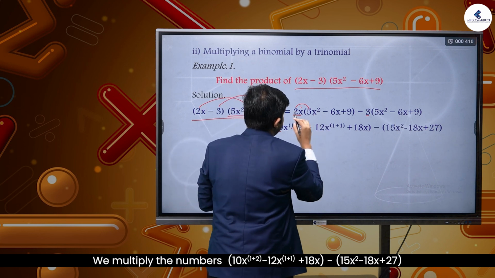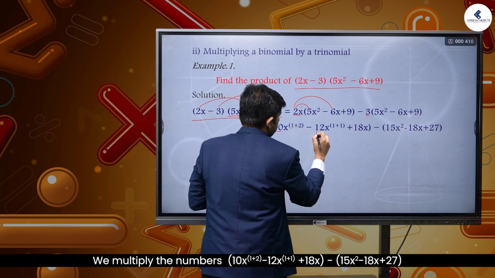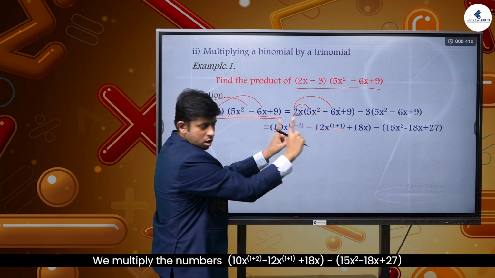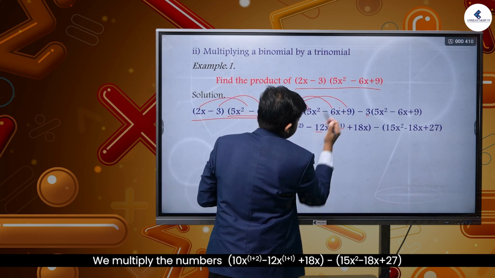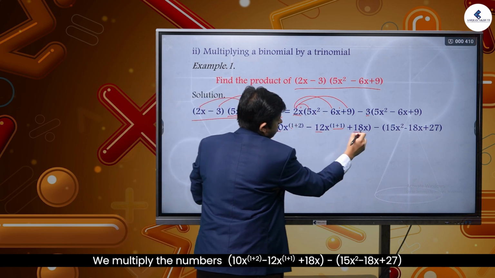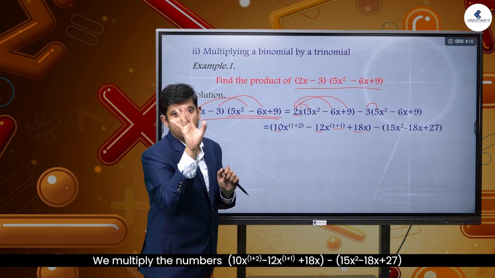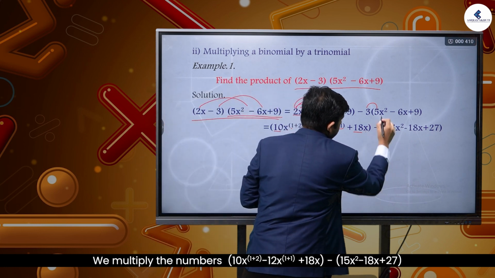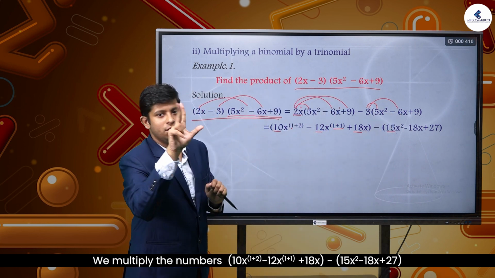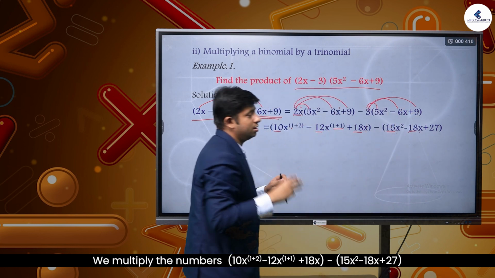Minus, multiplying the numbers again, we get 2 into 6, which is 12, into x to the power of 1 plus 1, plus, multiplying the numbers 2 into 9, we get 18, into x, minus, multiplying the numbers minus 3 into 5 gives us 15x square, 3 into 6 gives us 18x, plus 3 into 9 gives us 27.